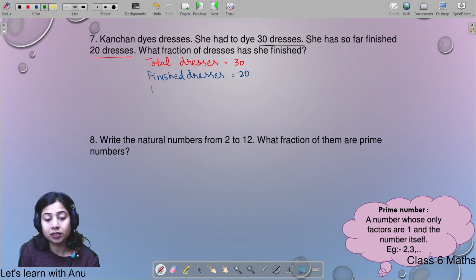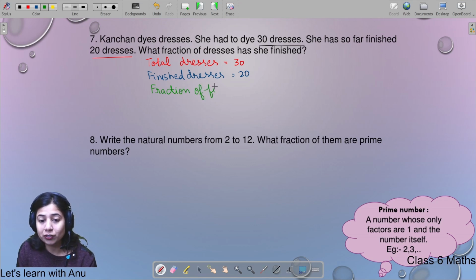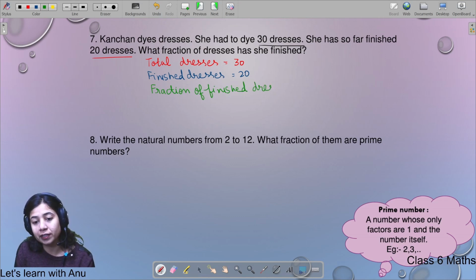So class, it's always important to understand the fraction of finished dresses, right? Whatever they are asking for in the fraction is written in the numerator.